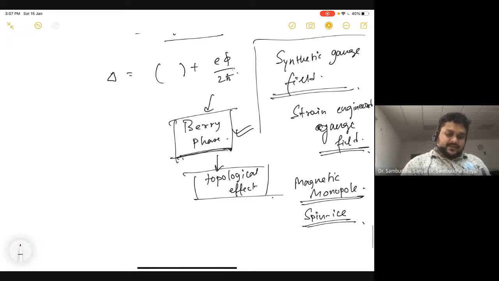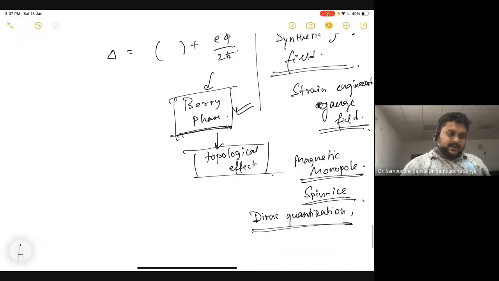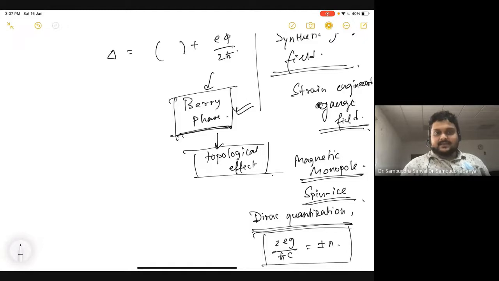And another topic is Dirac quantization. You can look this up. Dirac quantization comes from quantum mechanics and electrodynamic theory. You will see that if there is a magnetic monopole, it satisfies this kind of quantization. E is the electric charge, G is the magnetic charge.